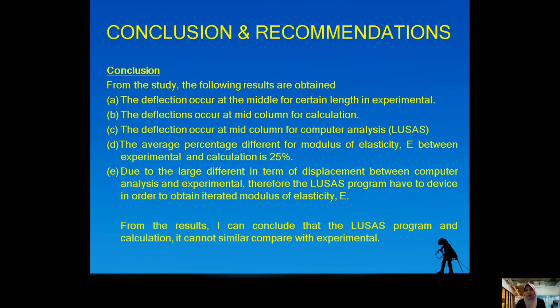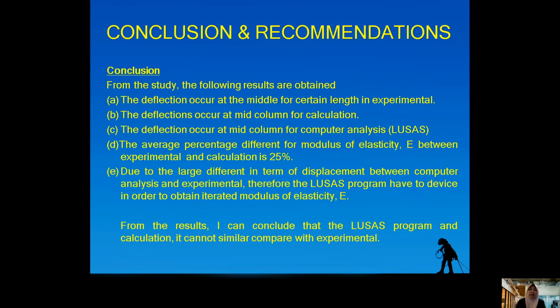This is some of the conclusion and recommendations from my study. The deflection occurs at the middle for certain lengths in the experiment. The deflections occur at mid-column for calculation, and at mid-column for LUSAS computer analysis. The average percentage difference for modulus of elasticity E between experimental and calculation is 25%.